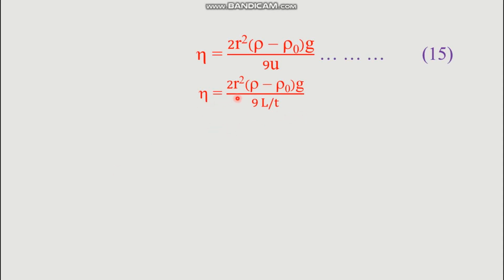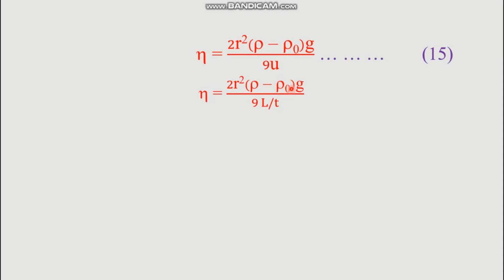Now look, if two different liquids are taken which have two different viscosities, eta 1 and eta 2, then in that case, if we take the same sphere, then r must be constant, g is definitely a constant, rho must be constant because this is the density of the falling sphere, whereas rho 0 is variable because you are using two different liquids.